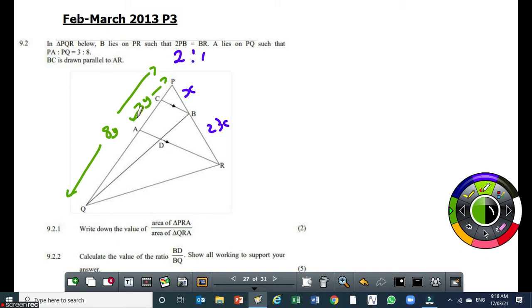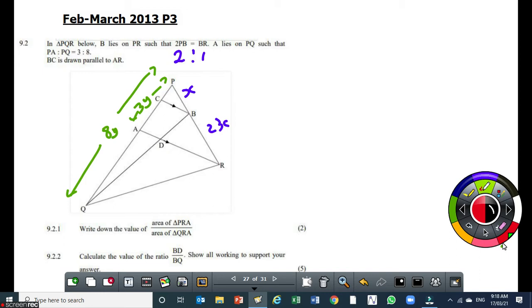Now, before you start answering this question here, if you look at the two triangles, what do you notice about them? They share what? The same vertex.